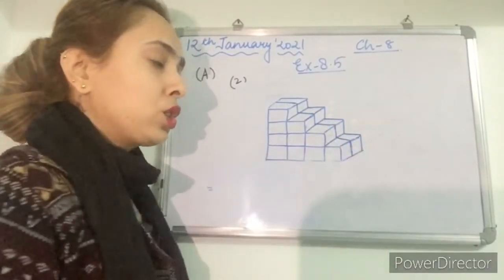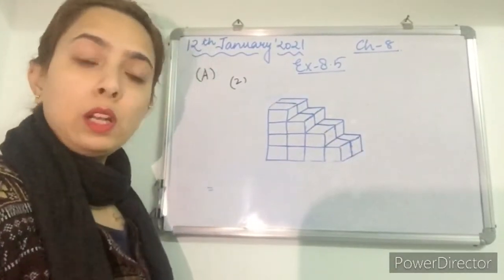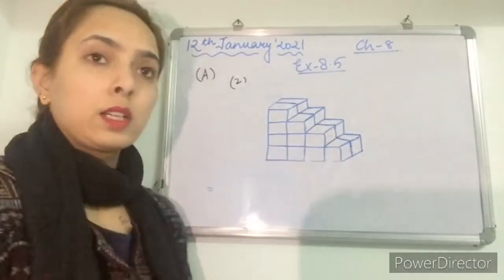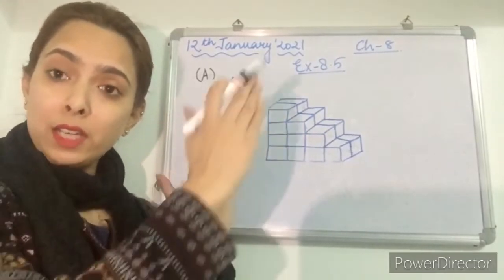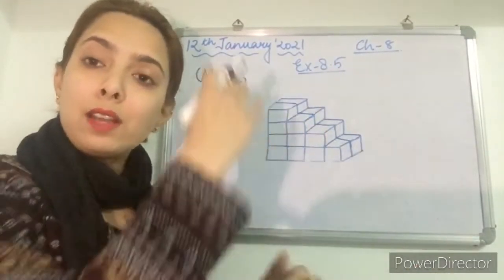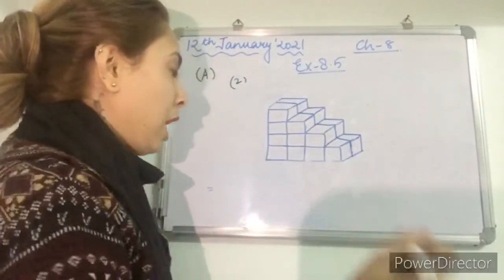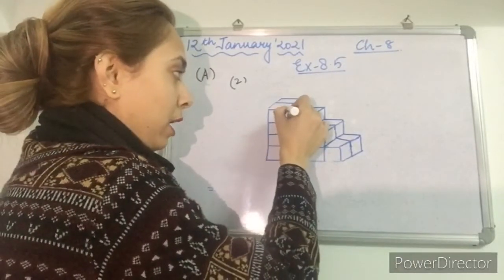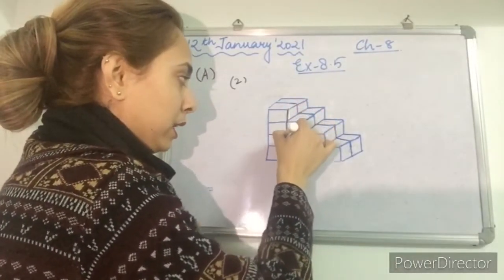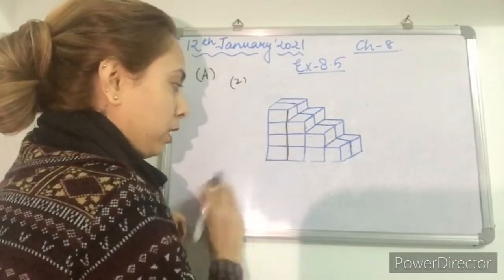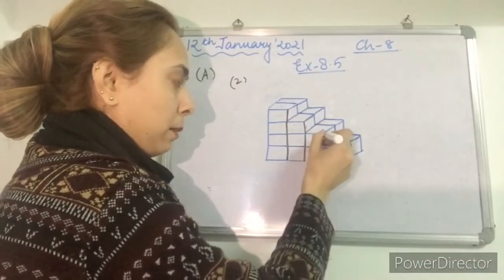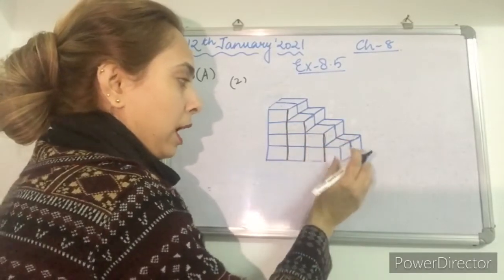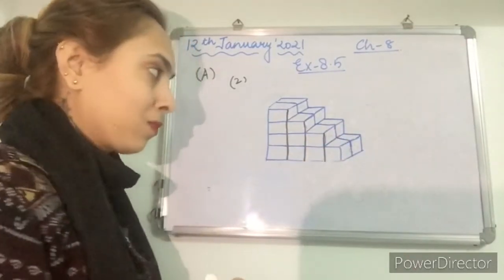So in such shapes we will cut these shapes, find out the volume of each shape, and then add all those volumes. How? Just see. I am separating this cuboid from here, I am separating this cuboid from here, and this will be separated.